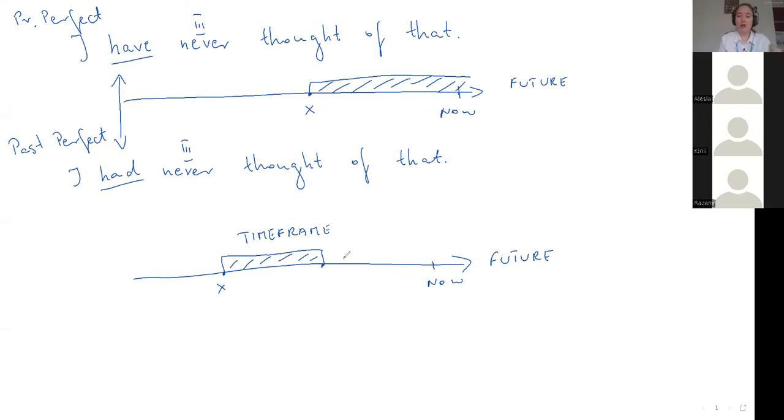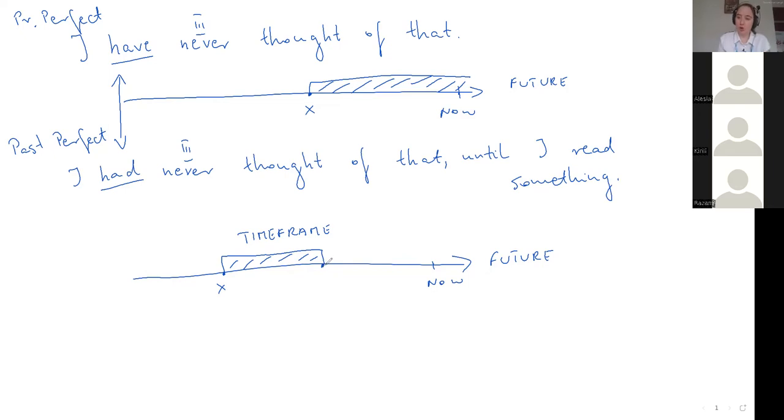And so quite logically, when we say something in the past perfect in this context, we would say, I had never thought of that until I read something, for example, or until I heard it on the radio, or until you told me that. So here will be a very specific point.